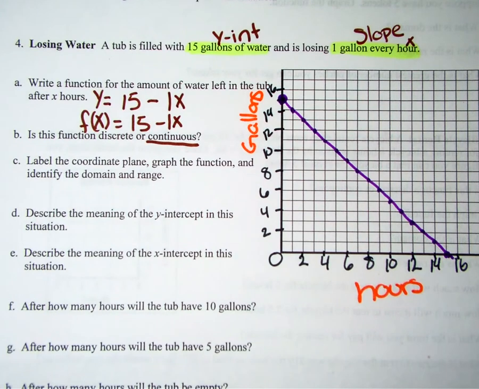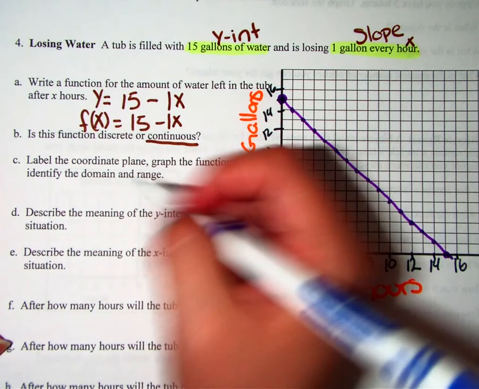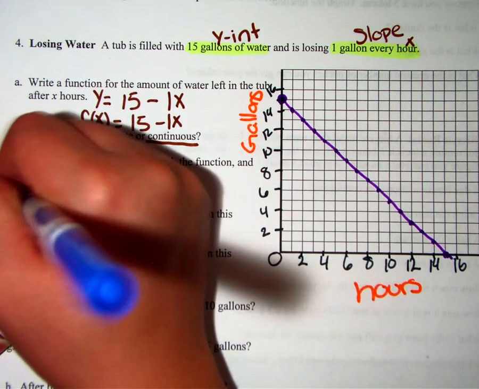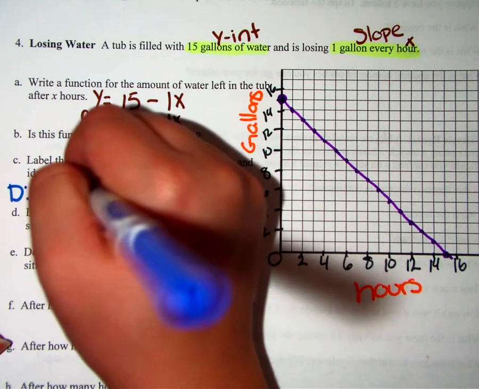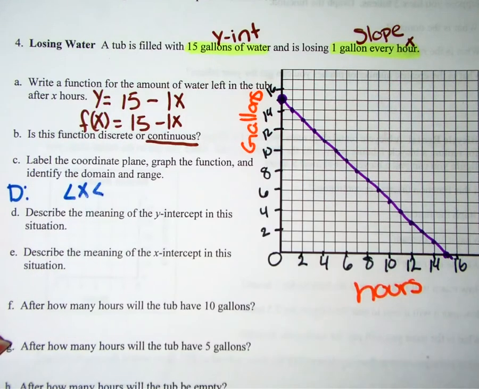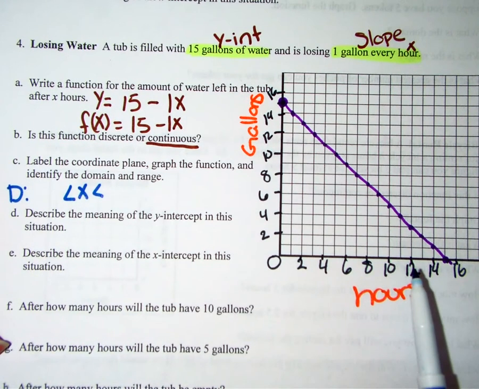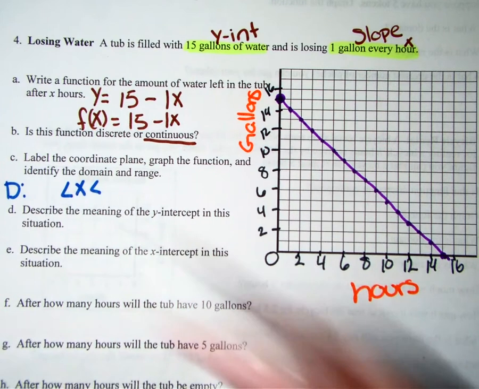So now we need to discuss the domain and range. It is going to be a continuous function, so am I going to use my alligators or am I going to list everything? Alligators. So for domain, we'll talk about x. How far left does this graph go? 0. And how far right?